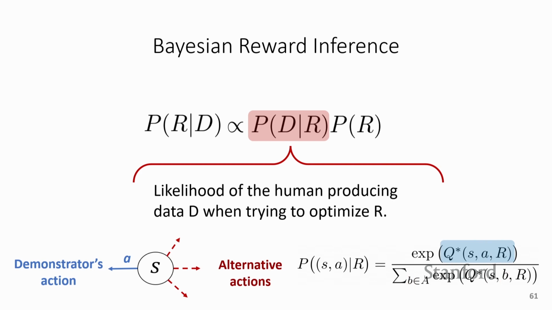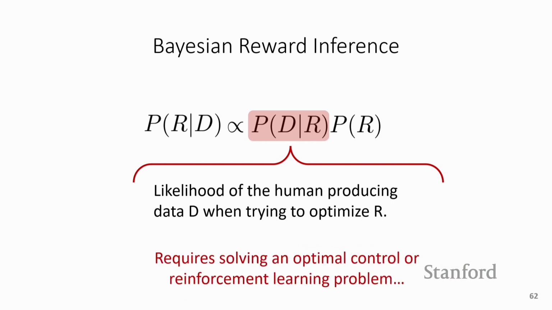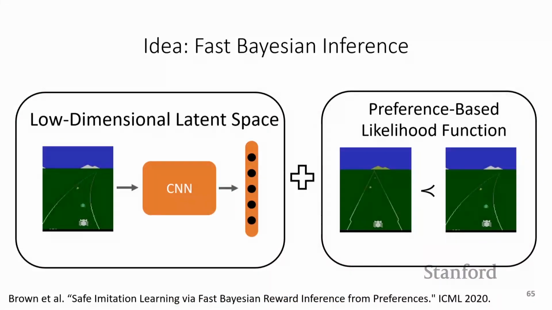But if we think about trying to find these Q values for different reward functions, this ends up being intractable pretty quickly, because it requires solving an optimal control or reinforcement learning problem for every hypothesis I want to evaluate. So we wanted to make this more efficient. Our idea was that we could do fast Bayesian inference by taking advantage of two components.